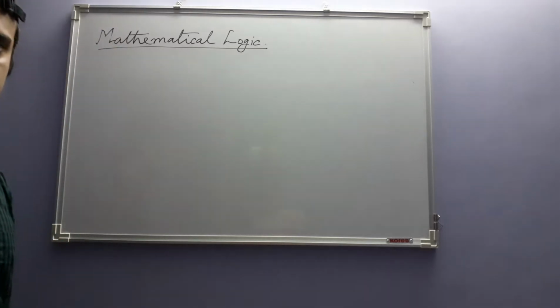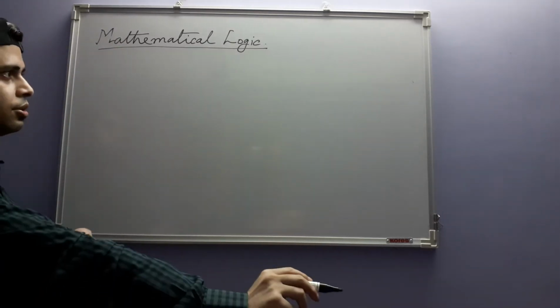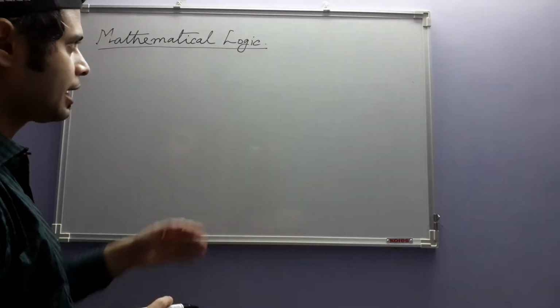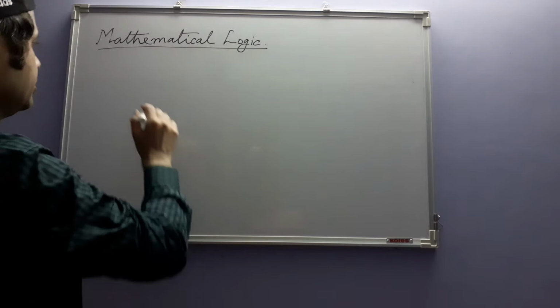What mathematical logic is. Now, what does a mathematical proof contain? I have already told you what it contains.